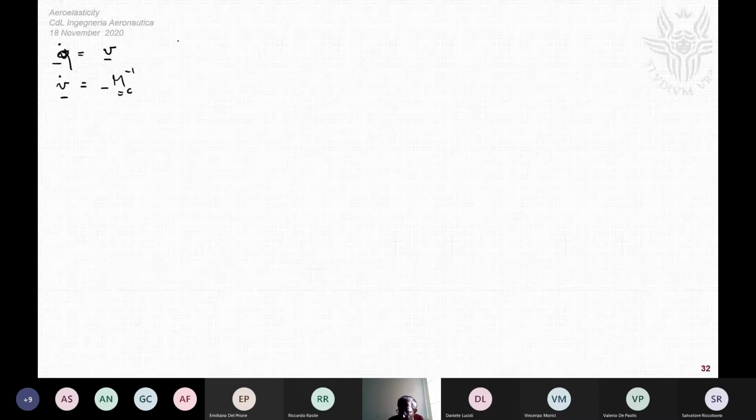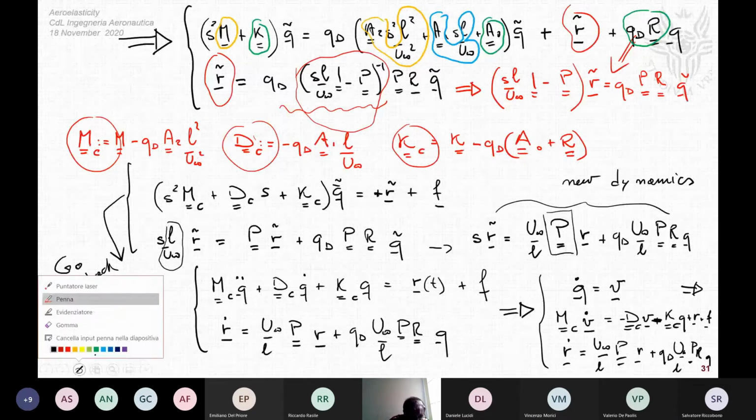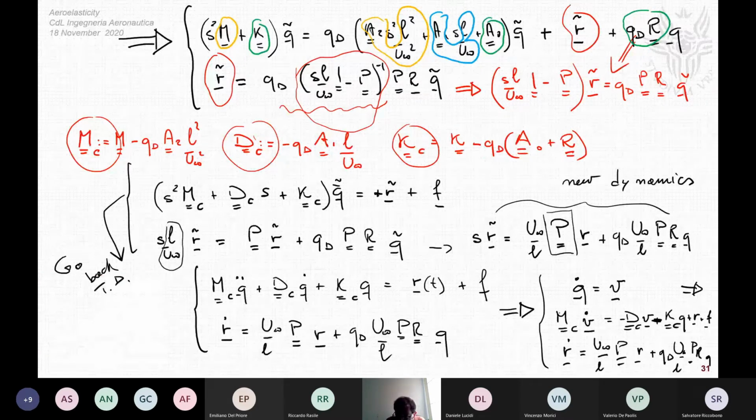We are not actually inverting, we are just putting this mass contribution to the right hand side, pre-multiplying by M_C to the minus 1, and then we have the following.